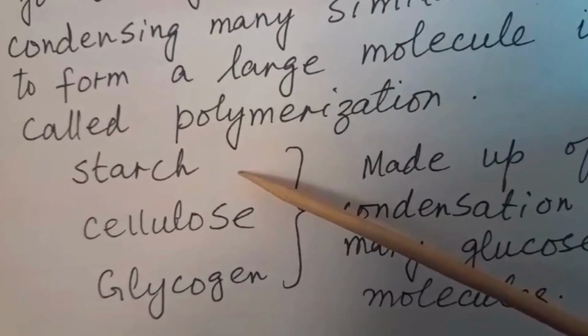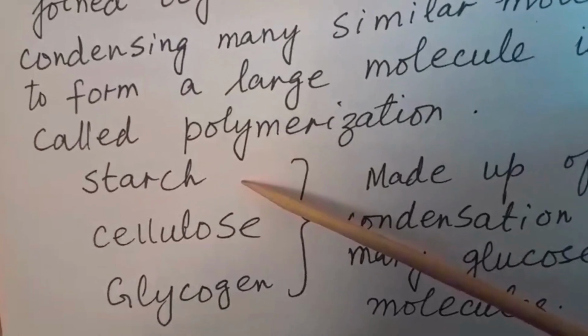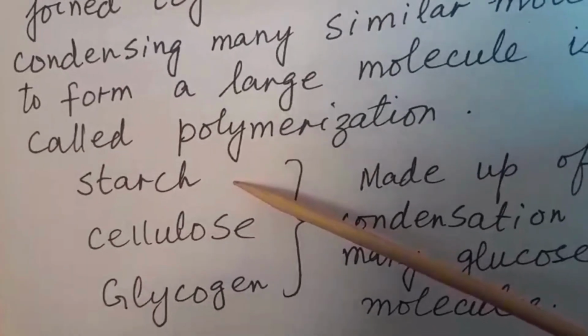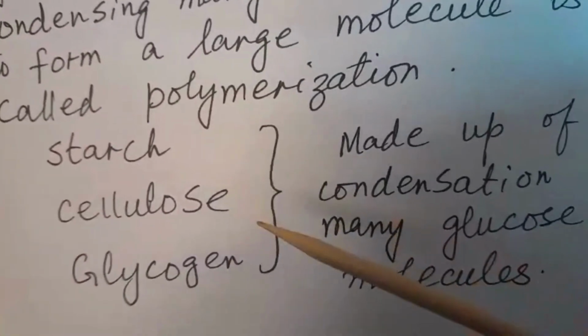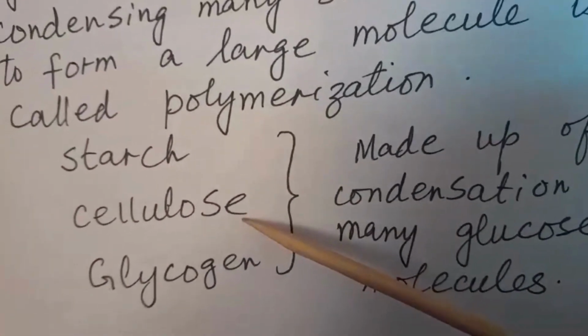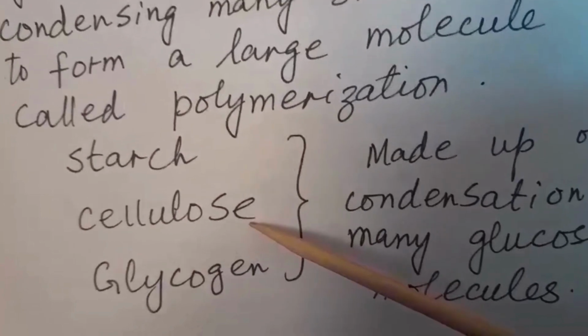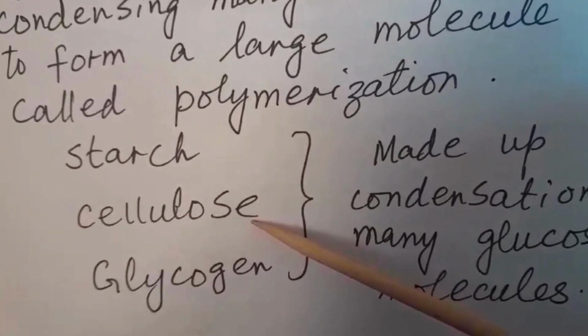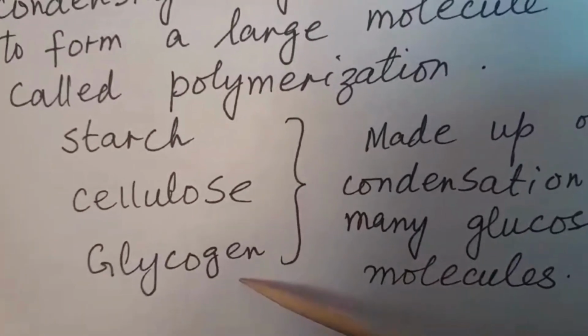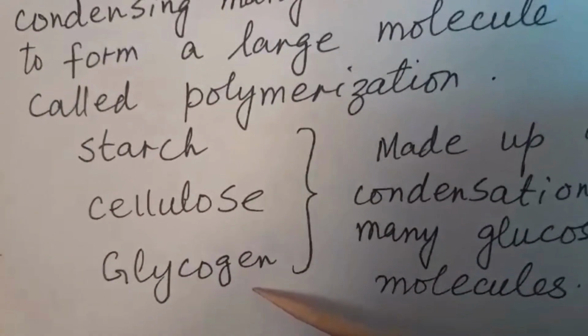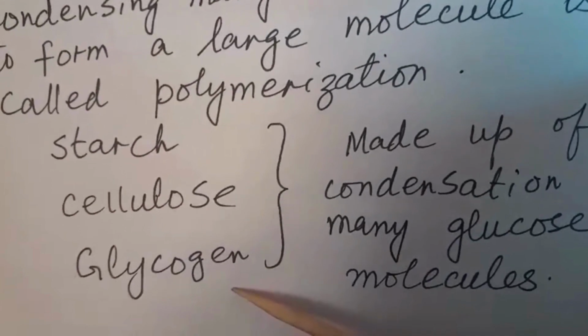Starch is stored in different parts of the plants: in leaves, in seeds, and in some underground parts like potato and sweet potato. Cellulose is also a polysaccharide made by plants. It mainly forms the cell walls. And glycogen is made in animals and humans when we have extra glucose in our blood.